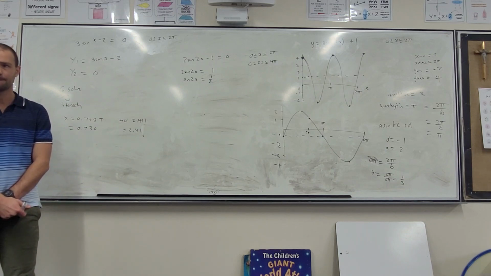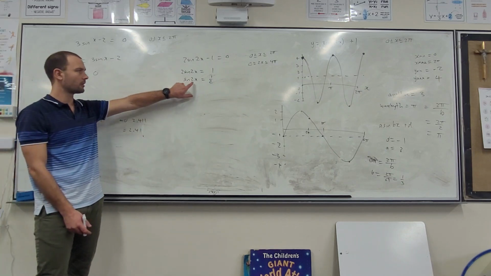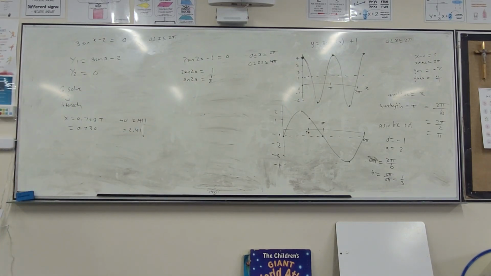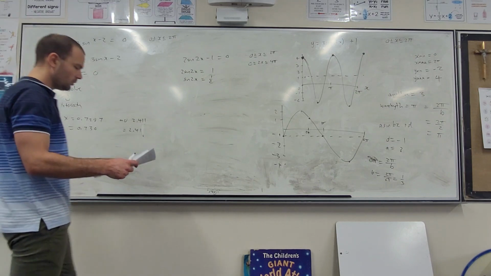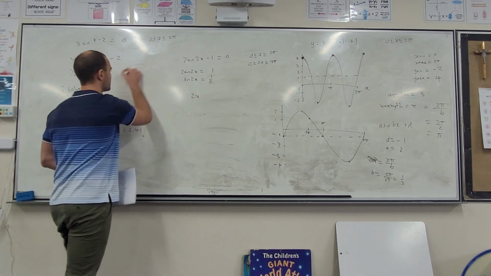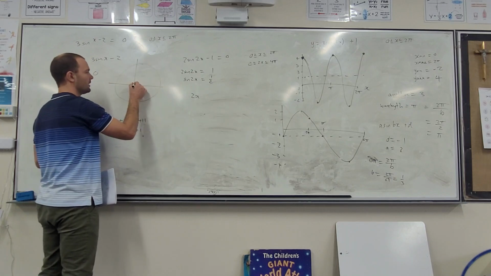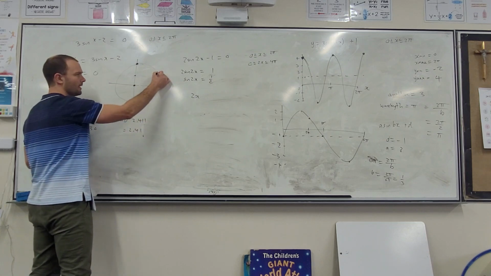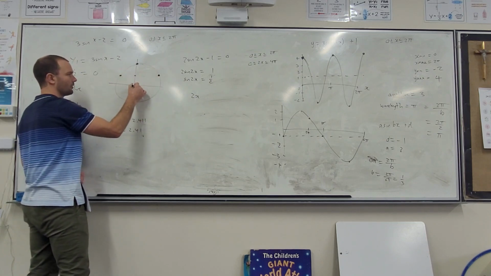Once you've got the trig ratio by itself, you look at the unit circle and ask, when is the sine value, the y value, equal to half? Here's 0, here's 1, half is going to be here, and that corresponds with here and here on the unit circle.